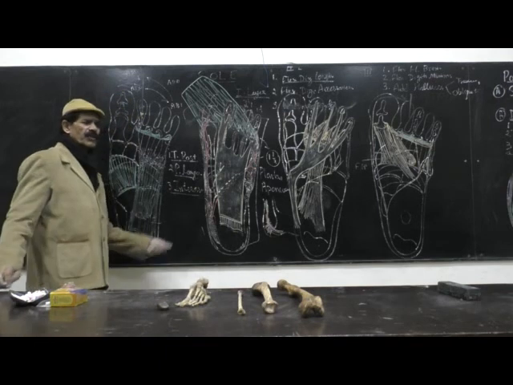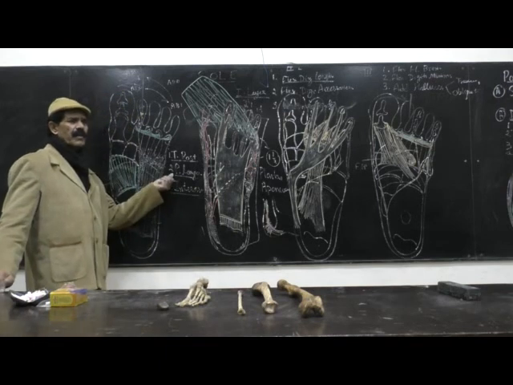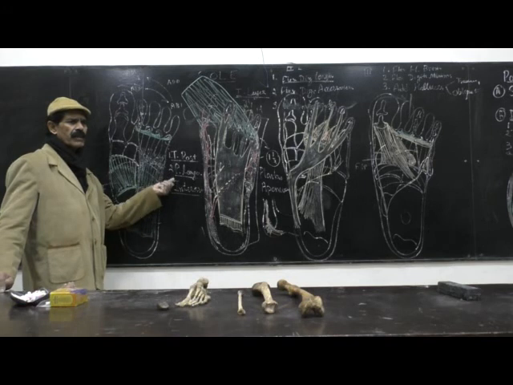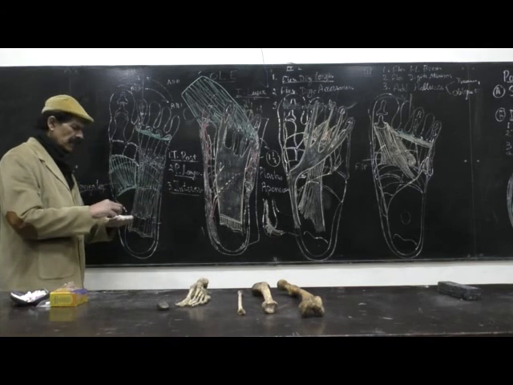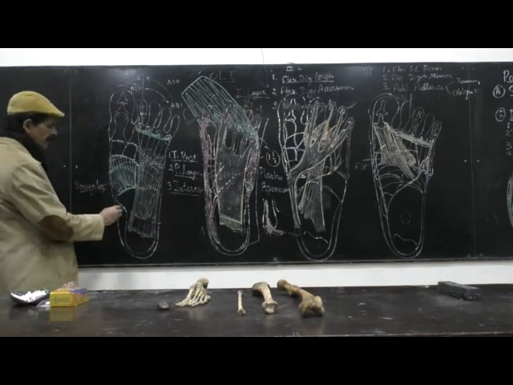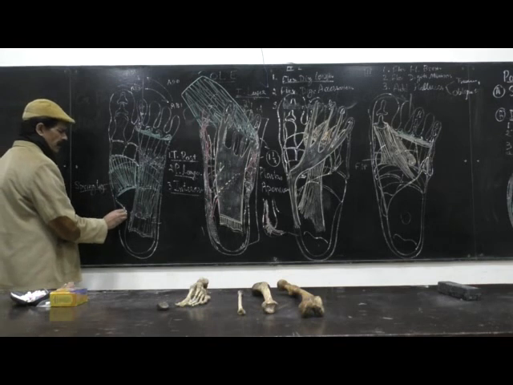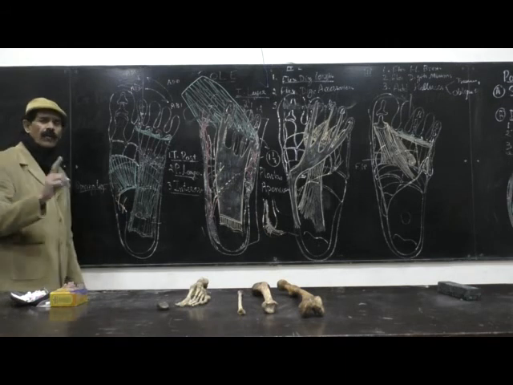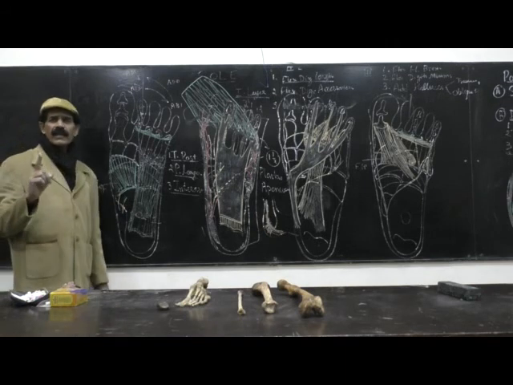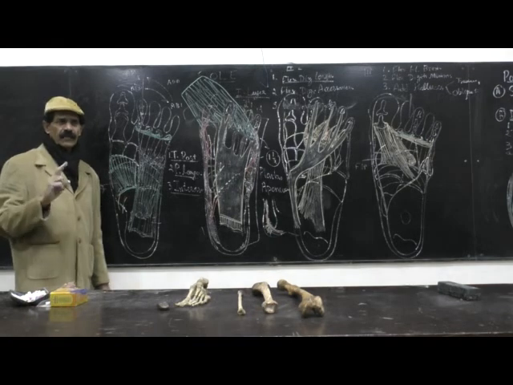Tibialis Posterior is the muscle of the deep compartment of the posterior compartment of the leg, which we have seen. Now this muscle will enter into the fourth layer below the sustentaculum tali, and this muscle is inserted over all tarsal bones except talus. We have already done it.